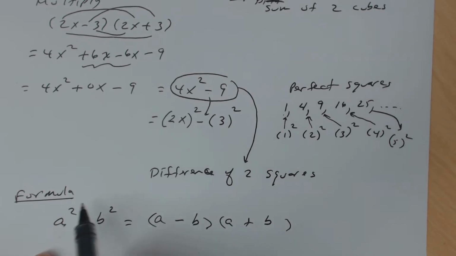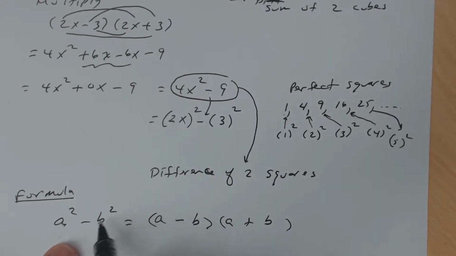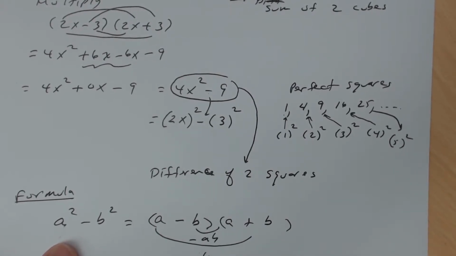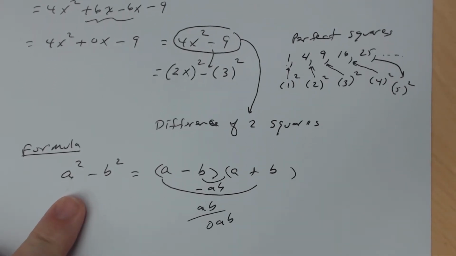And remember, this is not a trinomial, it's a binomial. So you see there's no ab term. So that's going to be a 0. So if you check it, we get ab and a negative ab. And when I add them up, I get 0ab. Okay, I get 0ab. All right, so that's a formula for factoring the difference of two squares.